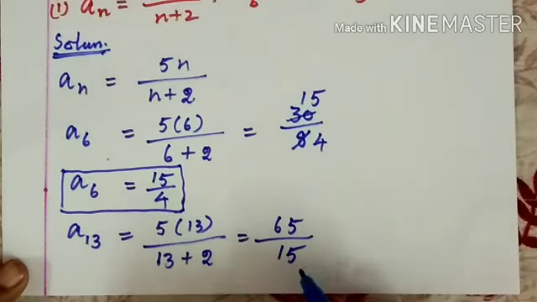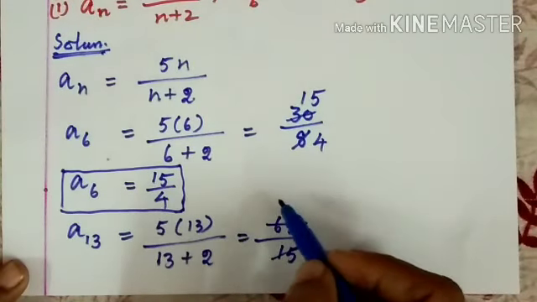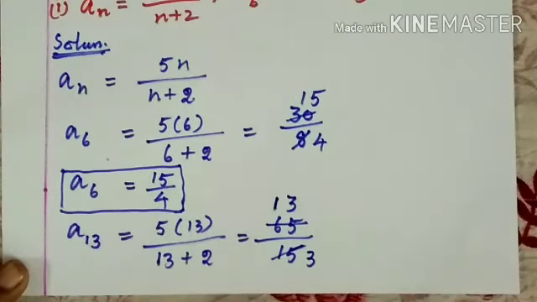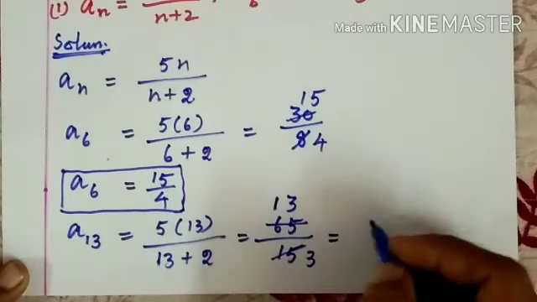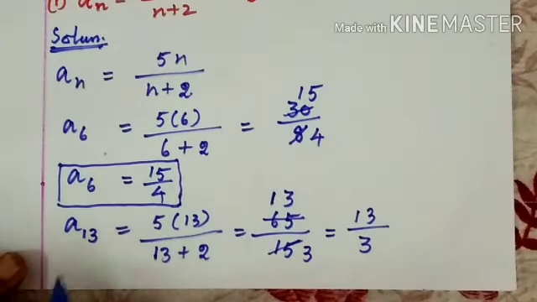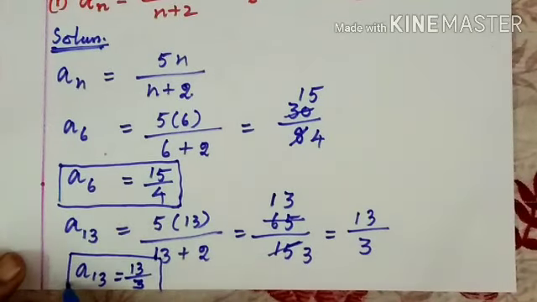Now you have to cancel this by 5 table, that is 3 5s are 15, then 13 5s are 65. Therefore, the value is 13 by 3. Hence, the value of A13 is equal to 13 by 3. This is the answer for this question.